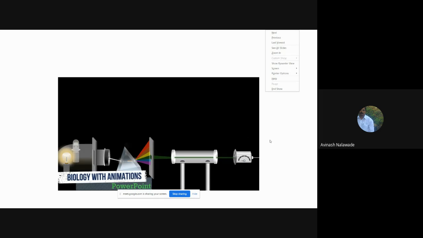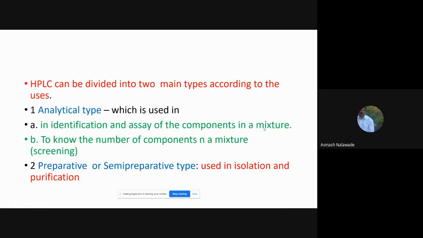Okay, so this is the simple animation by means of which we have seen how all the process in the HPLC occurs. Now see here, just as we have seen in the introduction, HPLC can be used in two ways: either for the analytical type, or it may be preparative or semi preparative type.